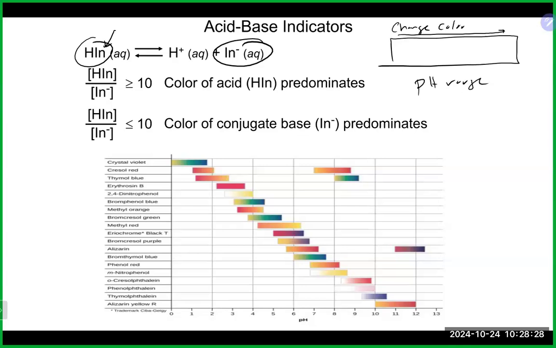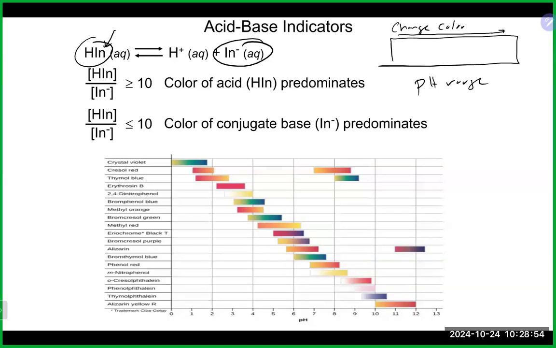Now, if you choose one where you don't actually see a color change occur near the equivalence point, it's frankly going to be useless for you, because it's just going to stay the same color and you won't know where to stop. And when it finally does change color, it might be too late for you to stop. Or if you pick an indicator that changes color way too early in terms of the pH, you won't have any more reference of where you should stop.